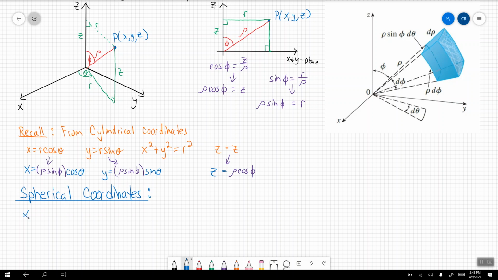So here are the spherical coordinates. X is equal to rho times sine of phi times cosine theta. Y is equal to rho times sine of phi times sine theta. And then z is equal to rho times cosine of phi.